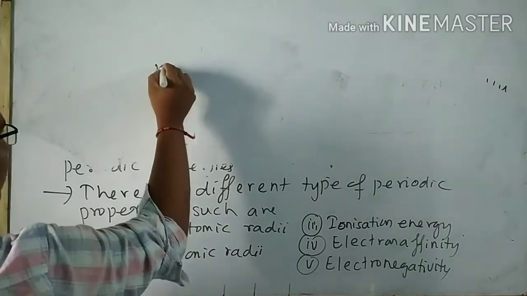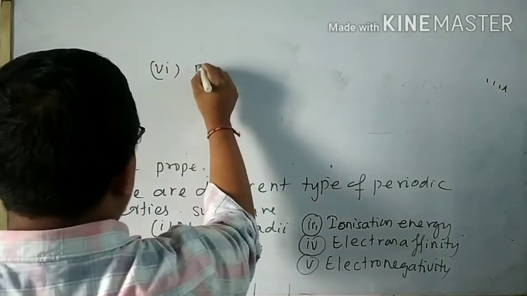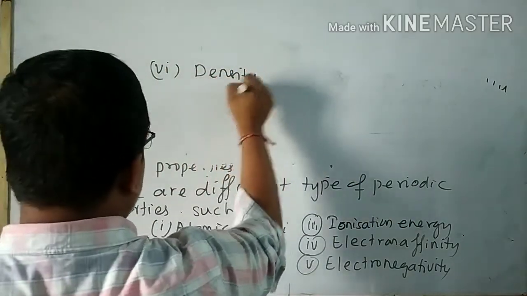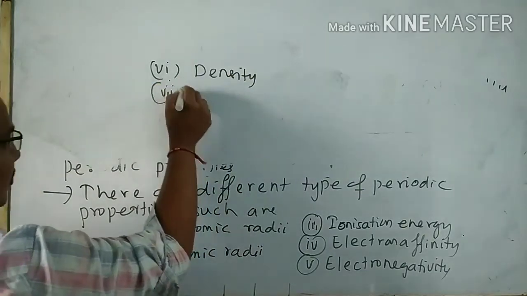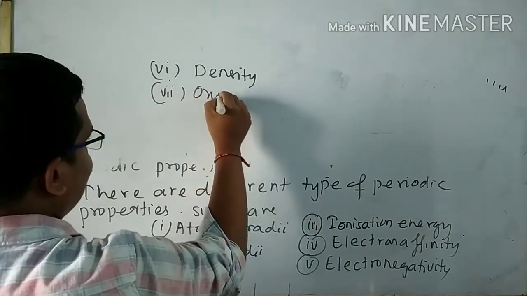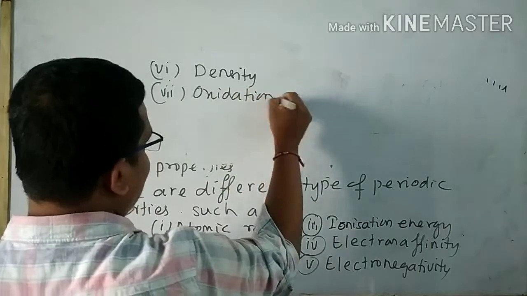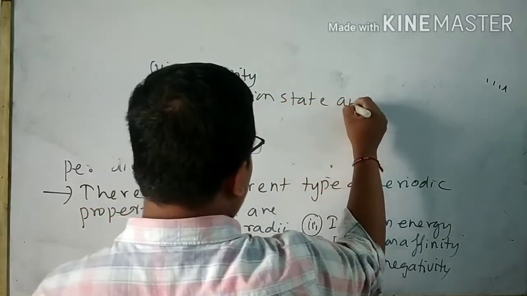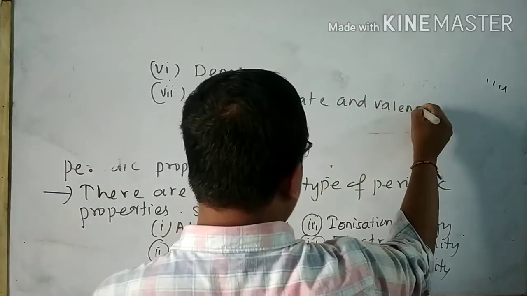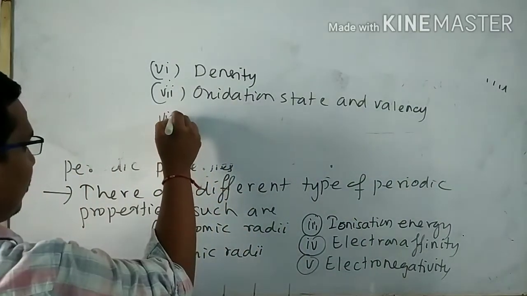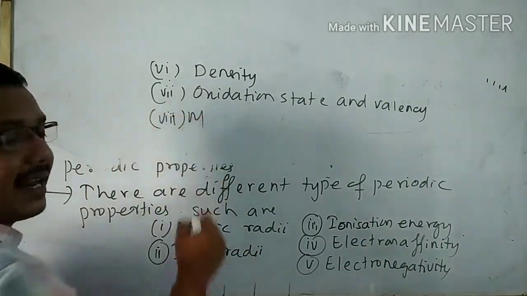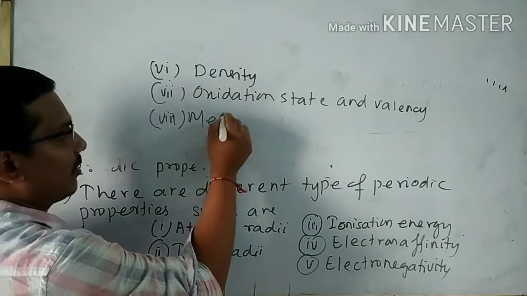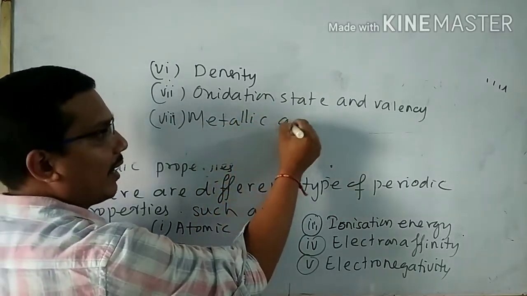Next is your density. Next is your oxidation state and valency. Next is your metallic and non-metallic character.